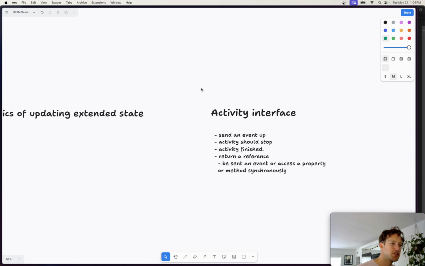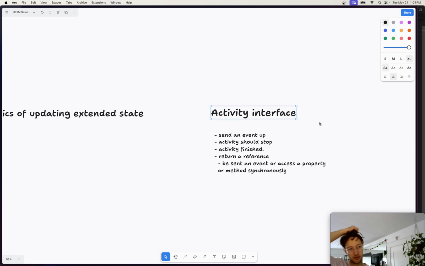The next question was by Parker Codes, which was about communication between different entities in the state chart. Parker was specifically talking about XState and actors.